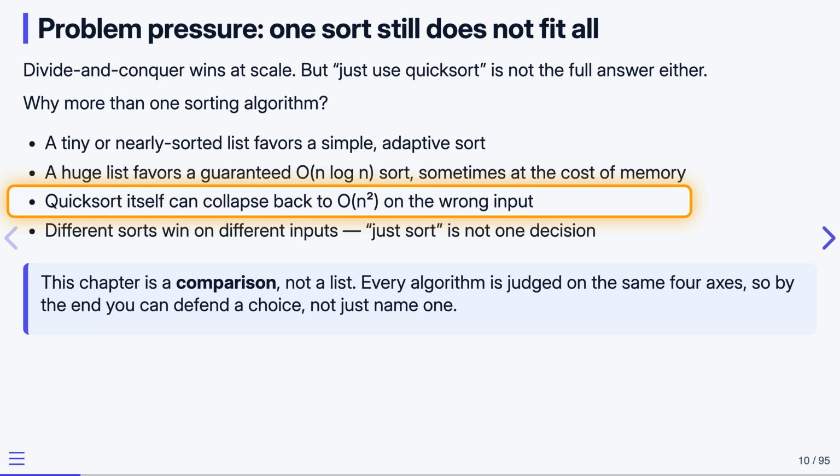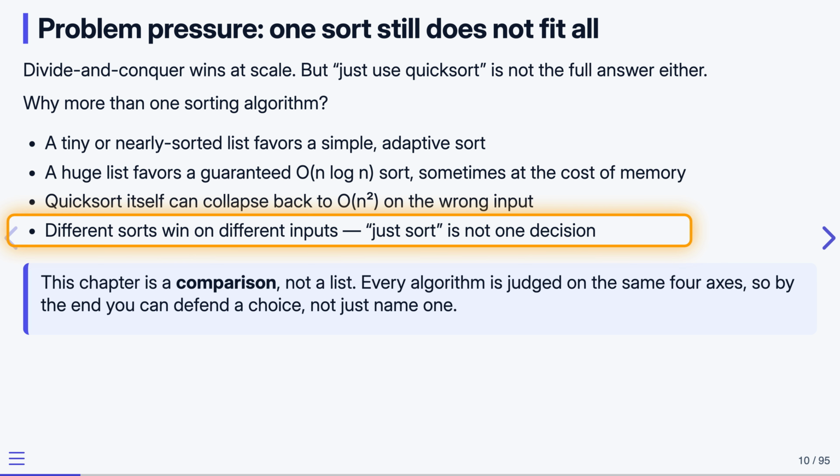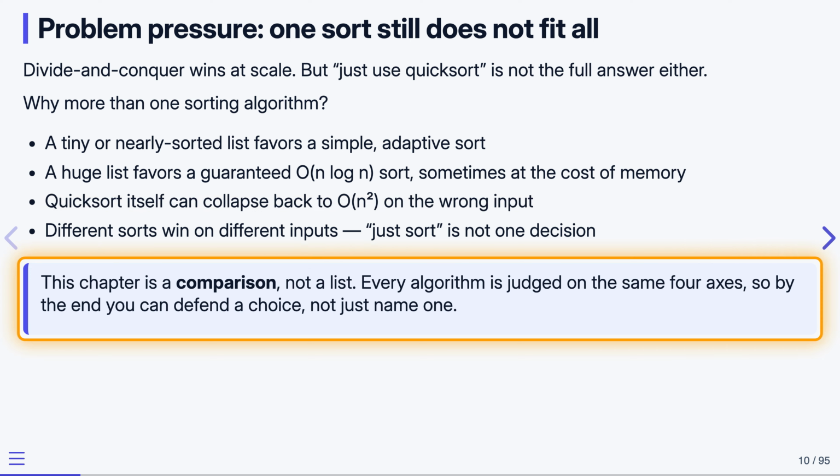And quicksort itself can collapse back to big O of n squared on the wrong input. So different sorts win on different inputs. Just sort is not one single decision. This chapter is a comparison, not a list. Every algorithm is judged on the same 4 axes, so by the end you can defend a choice, not just name one.